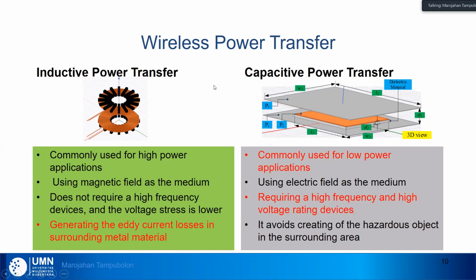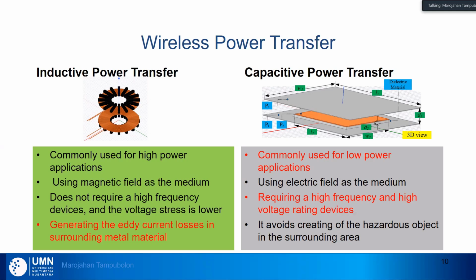When we talk about inductive power transfer, we commonly use it in high power applications. It uses a magnetic field as the medium and does not require high frequency devices, and the voltage stress is lower. But the downside is it generates eddy current loss in surrounding metal material.